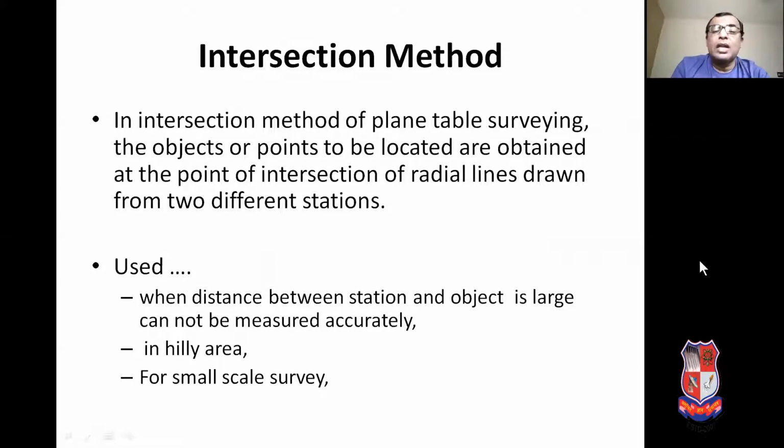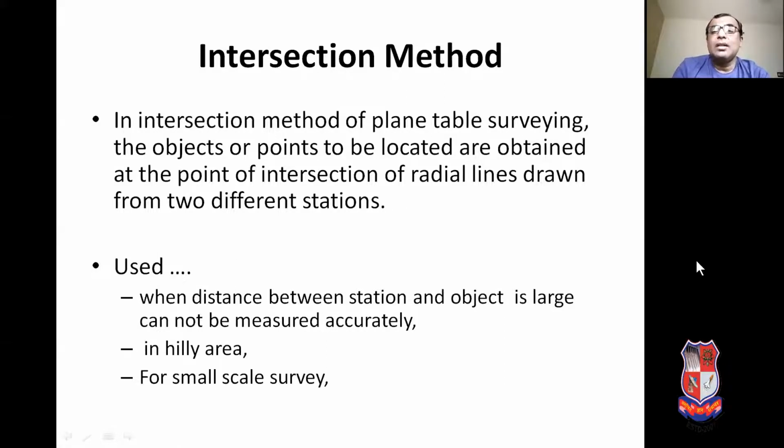Intersection method is used when the distance between the station and the object is large and cannot be measured directly with the help of the chain or tape. In hilly areas, we have to use this method of plane table surveying, and for small scale survey work, we have to use this method of plane table surveying.